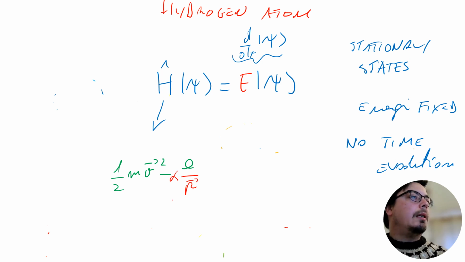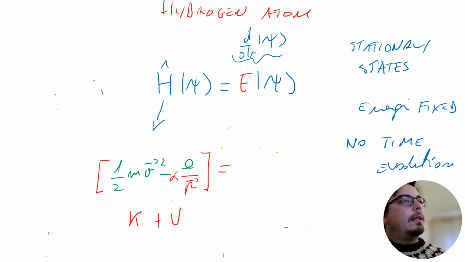This is the potential, and this is the charge of the electron around the nucleus. This is the kinetic energy, this is the potential energy, and this is equal to energy times psi, which is your state of the system, which is a complex vector.